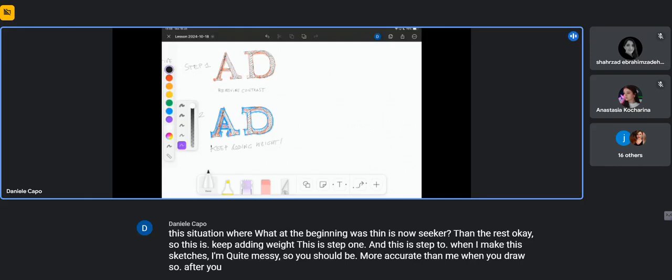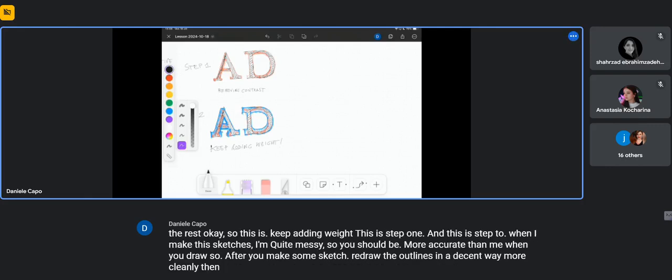After you make some sketch, redraw the outlines in a decent way, more cleanly than me. And you have to observe this.